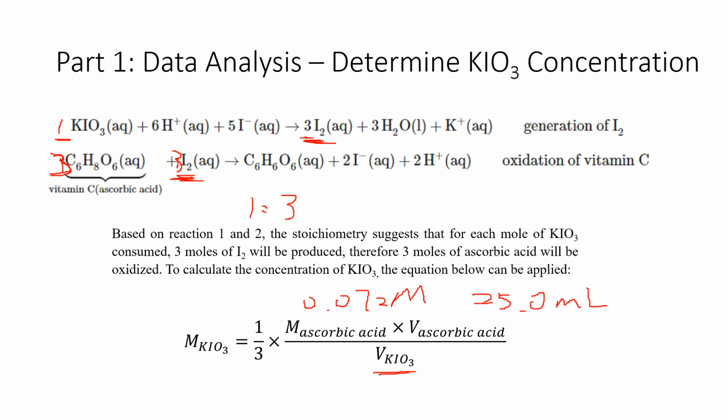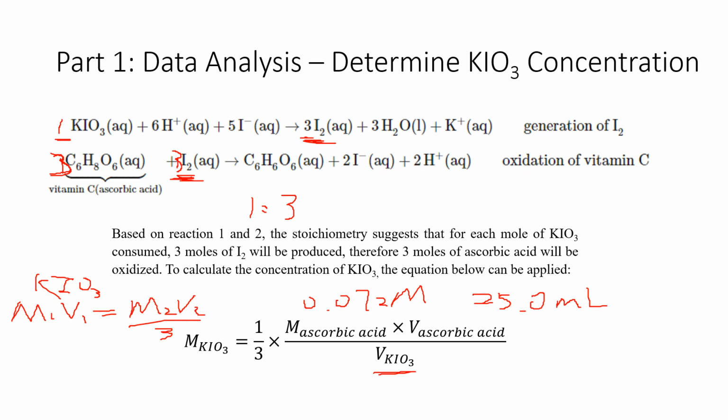Based on M1V1 equal to M2V2, in this case, we're going to divide this by 3. This side is the iodate, and this side is the vitamin C, the ascorbic acid.